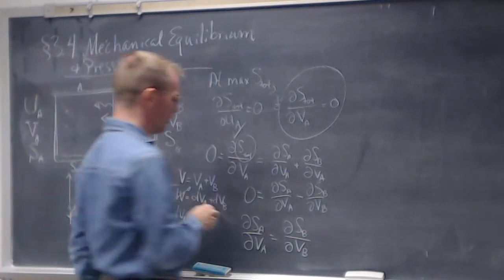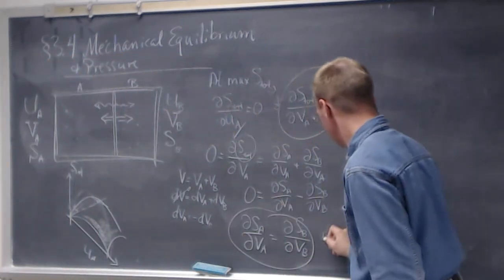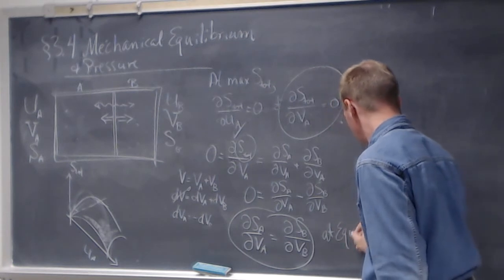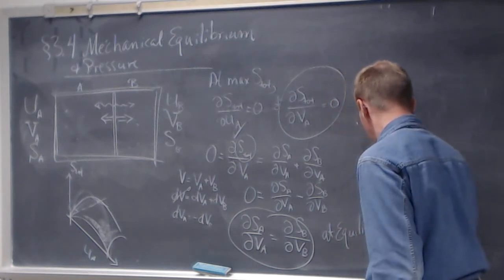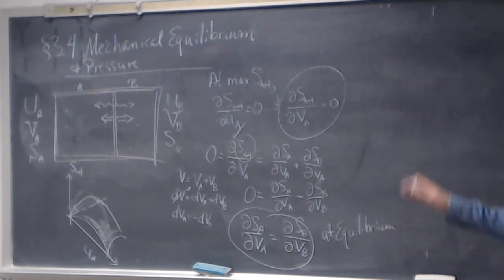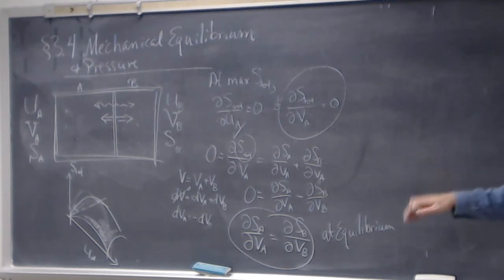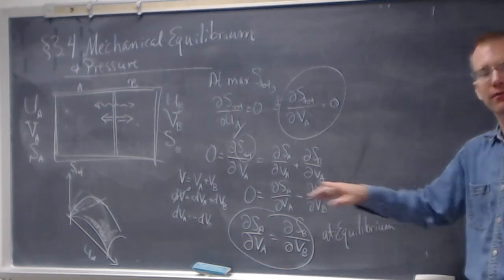So at equilibrium, when the entropy is a maximum, we found that the slope of the entropy of one side versus its volume is the same as the slope of the entropy of the other side versus its volume.